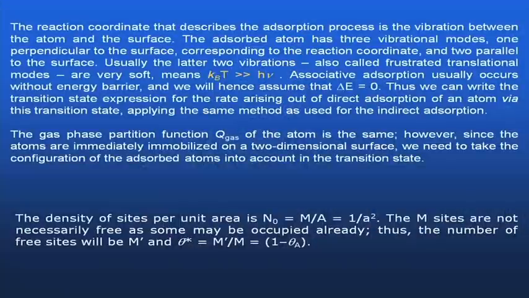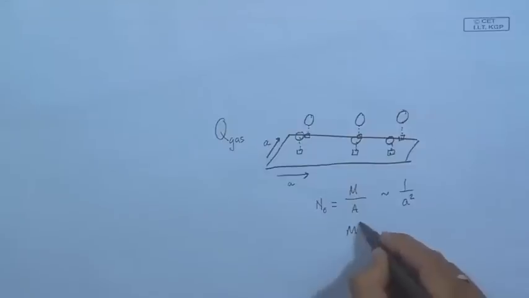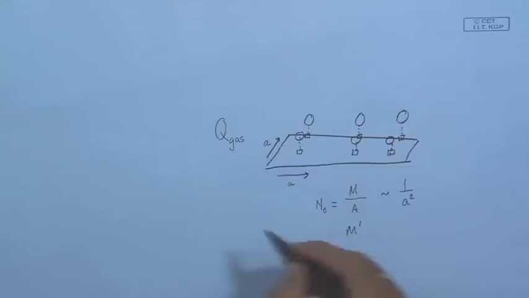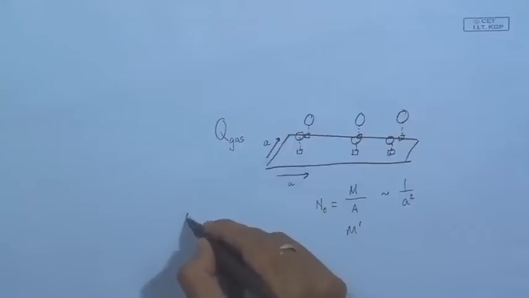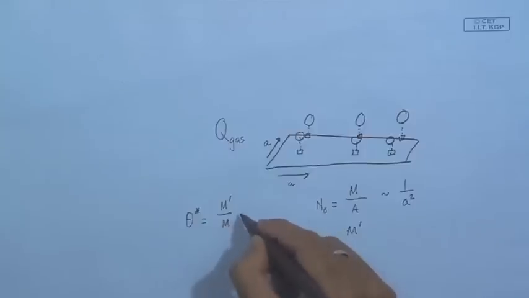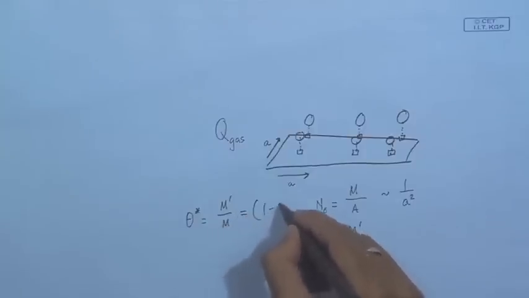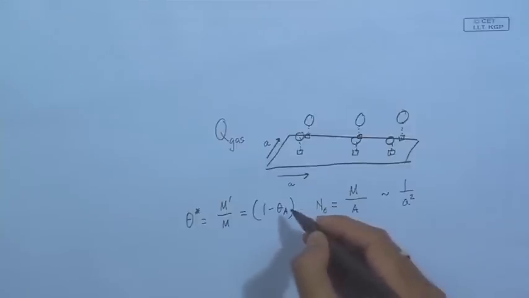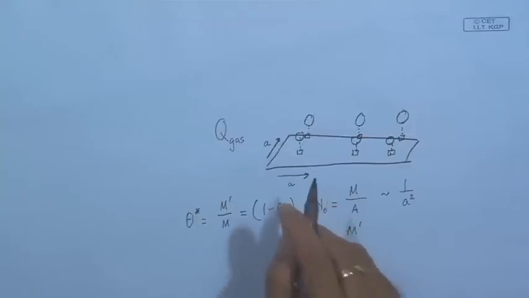Therefore, we give a new quantity, defined as the number of free sites, which is equal to m primed. So, m primed is basically, if you take a ratio, theta star is equal to m primed divided by m, which is equal to 1 minus theta a, that is, the fraction available for adsorption.